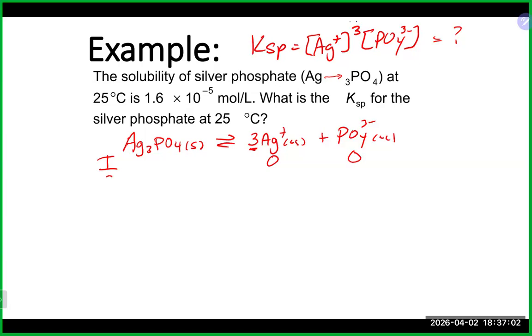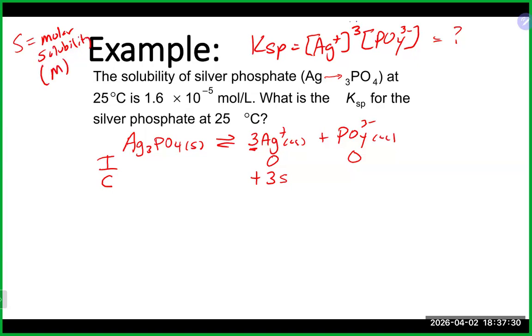Our change in this case is going to be +3. Instead of the letter X, which you can still use, people typically use the letter S when they're doing KSP. The letter S stands for the molar solubility, which is basically the molarity.